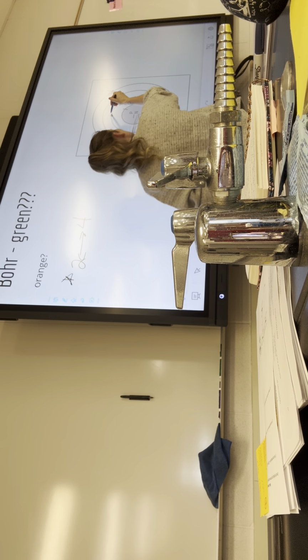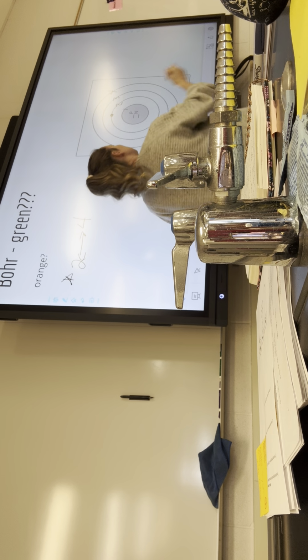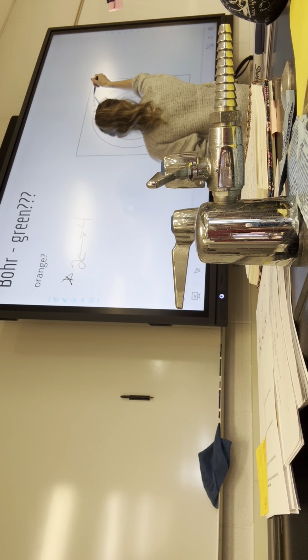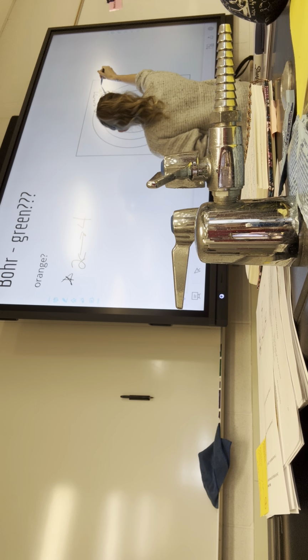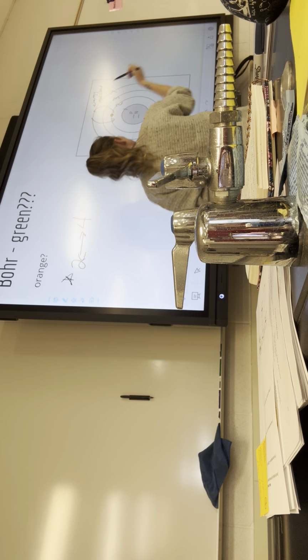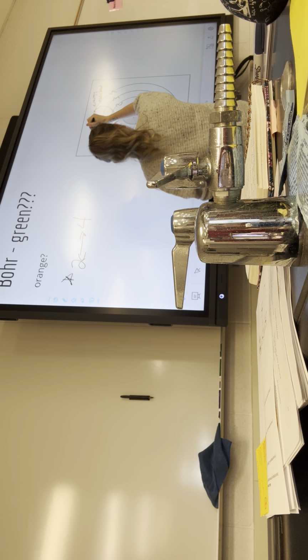Starting with my electron at energy level 2, indicating my jump to 4. Energy absorbed. Other side, I'm indicating my arrow back down to ground state. If I can spell, energy released.